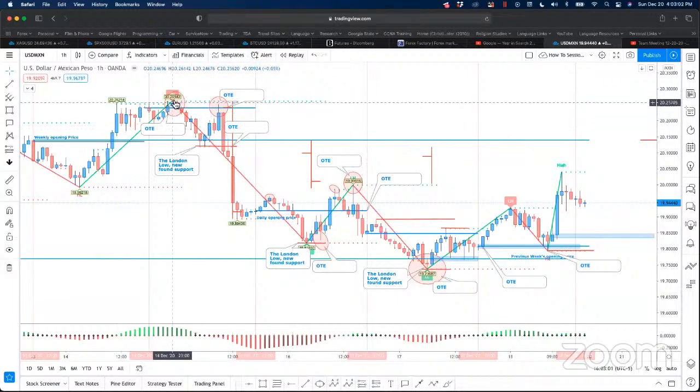If it gives you a high on Monday, make sure you focus on the fact that there could be a higher high or a higher low on Tuesday, because that's when the majority of the trading volume comes back in. And then keep in mind how the market is going to react to that opening price for the week. Okay?